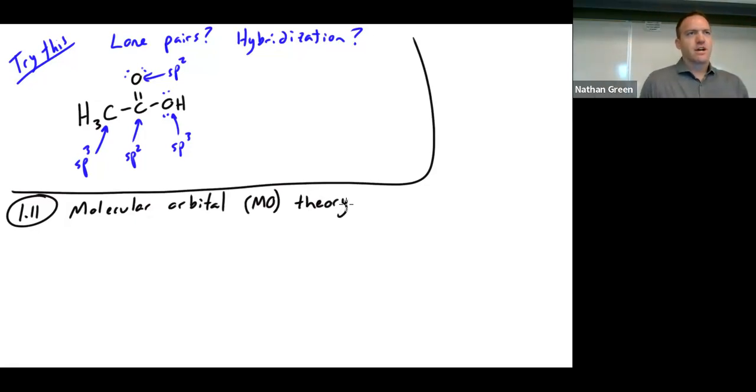Molecular orbital theory describes electrons around an entire molecule, not just individual atoms.